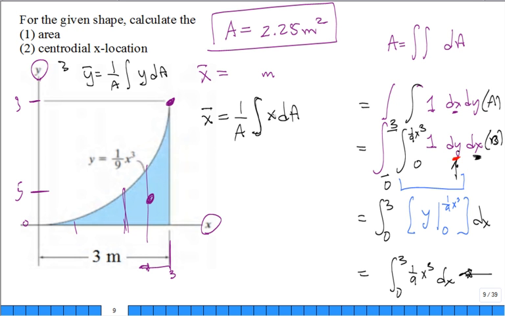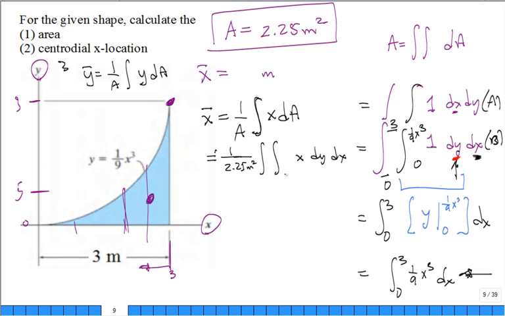So what we have to do here is we already know the area, so we can leave this as 1 over whatever this area was, 2.25 meters squared. And then we're going to have the double area integral of x. Do you want to do dy dx? Do it in that order?